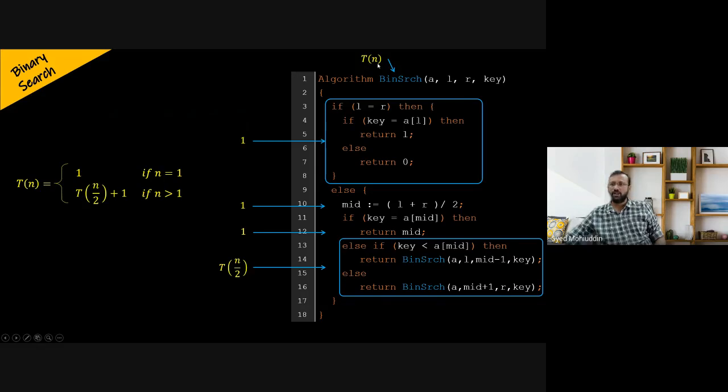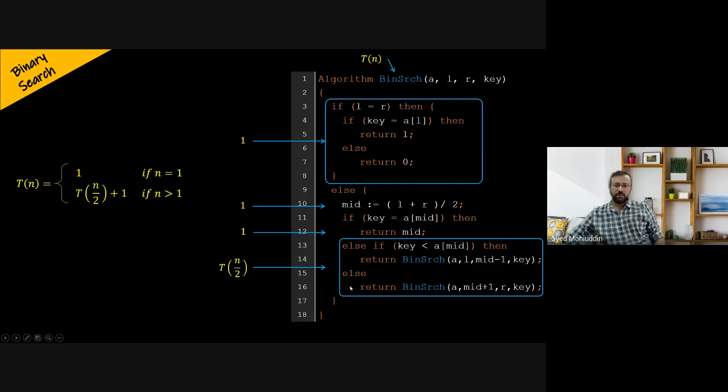Now this part, the if part, is when the problem is small, and this whole part only takes unit time to compute, because all statements are primitive statements. Then, if the problem is large, we have the else part. In the else part, mid is a primitive statement, and returning the mid value is also a primitive statement, so they take unit time.